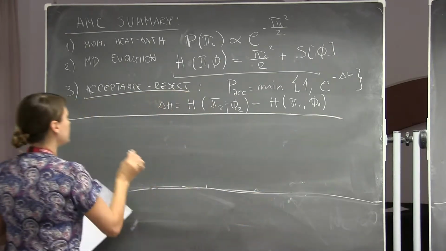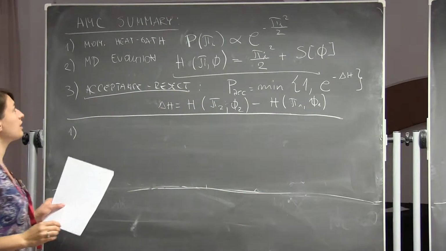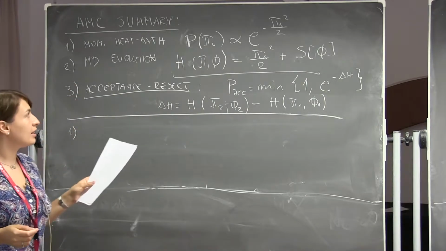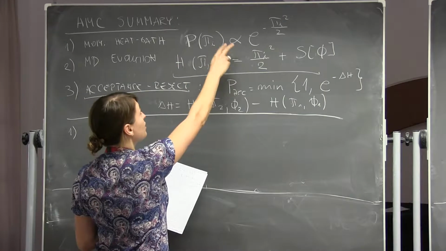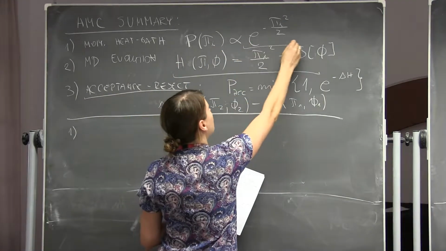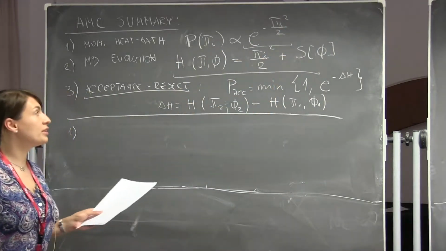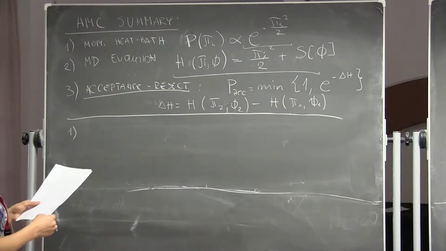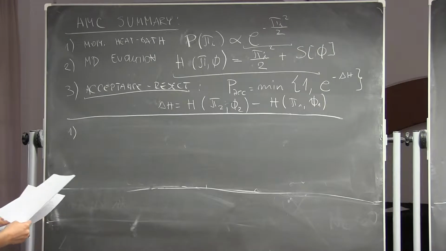So let's first discuss in a little bit more detail how this momentum heat bath is performed in practice. So how do we actually, starting from some uniformly distributed random numbers, obtain a Gaussian distribution of the momenta?